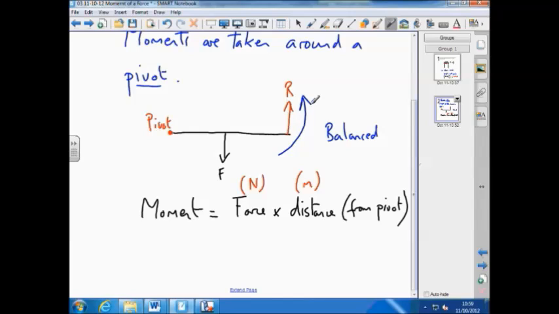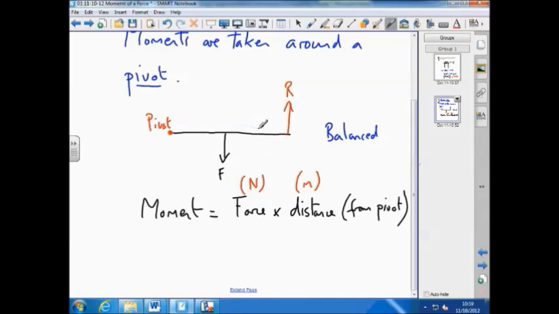If I had more than one force on here, let's say I had another force acting down there, force 2, then I would have two forces turning the thing around clockwise, and I'd have to add up the moments of each of those forces. So I'd work out what is this force times that distance, and that would give me that moment, and I'd multiply that force by that distance to get that moment, and then add them together, and that would be the total clockwise contribution.